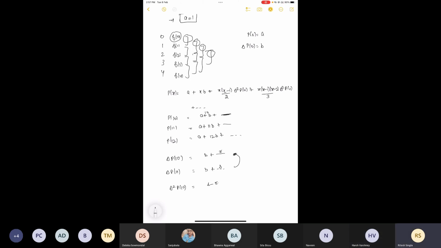Question number 9 I think was again discussed in the class. I am not very sure about question number 10 because I'm not aware of the notations ma'am is using here, U0, U1, U2. So I will discuss this question with her and we'll get back to you.